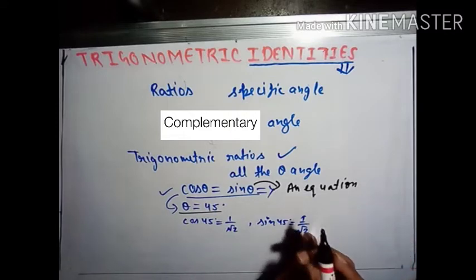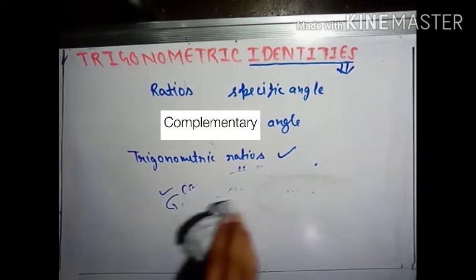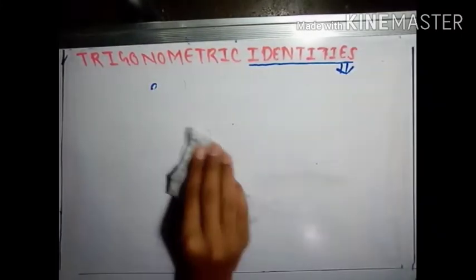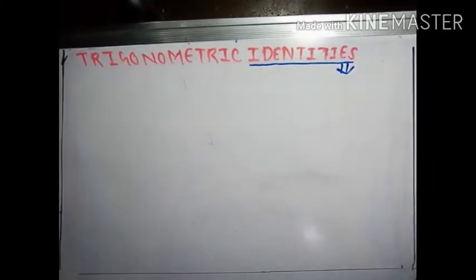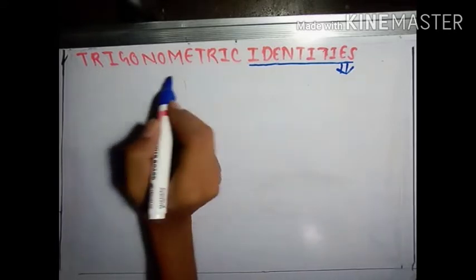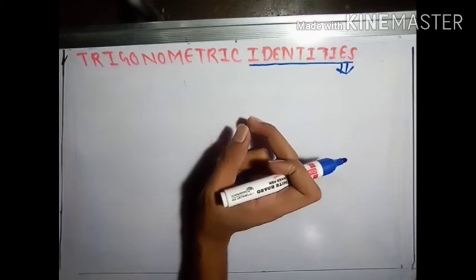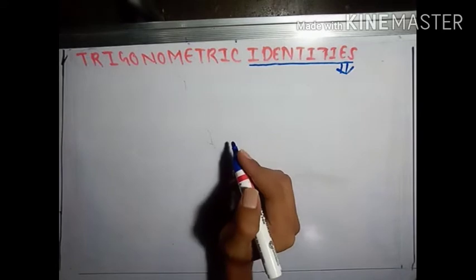So let us see how to derive identities. We know that trigonometric identities must contain trigonometric ratios, and for obtaining trigonometric ratios we must have a right angle triangle.